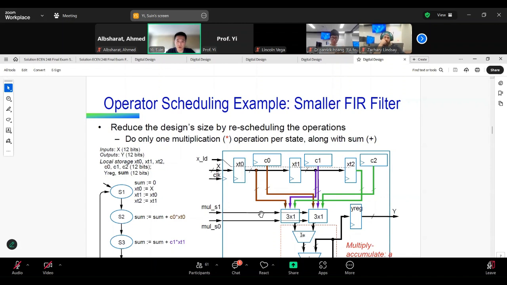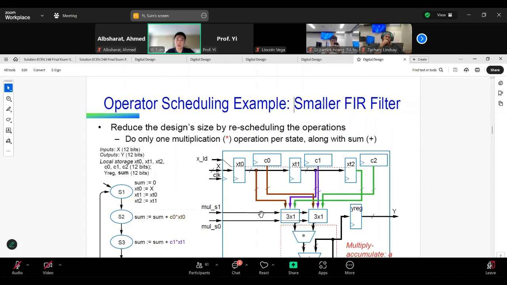Now you reduced the number of multipliers and adders, and you need to use a multiplexer as well. So this could be one example. So the sum of absolute difference original version was concurrent. This could be reduced, and the FIR filter was initially a concurrent version.